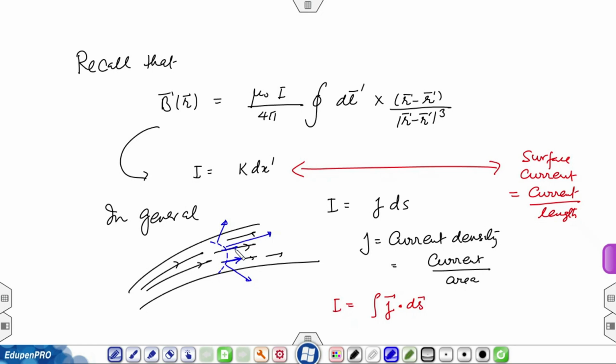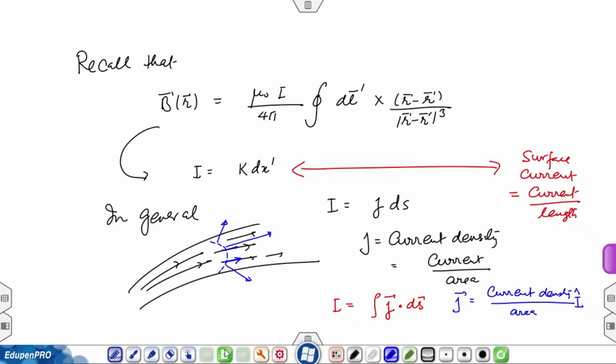So, then we define two vector quantities, right. I am going to call this J the current density, which is current per unit area in the direction of current. Let us put it that way, and then everything is consistent.